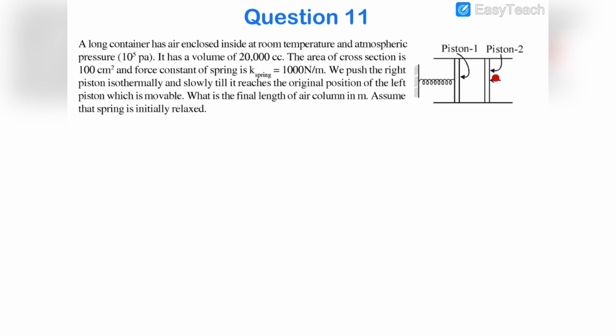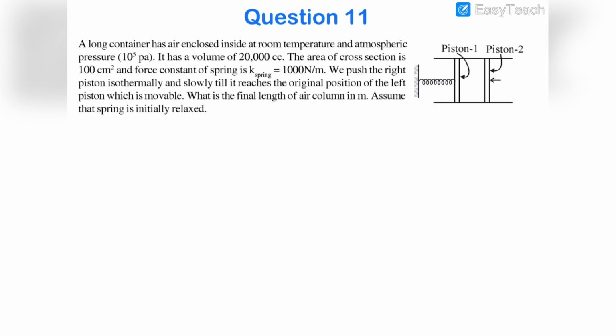If we push this piston isothermally and slowly, and it reaches the place of piston 1, we have to find out the final length of the air in the cylinder, and we have to assume that initially the spring was relaxed.